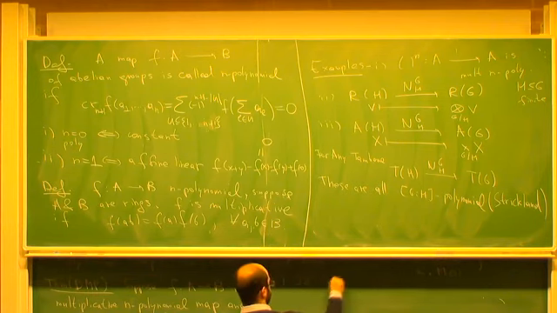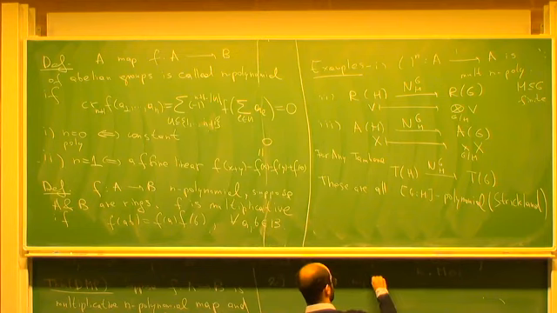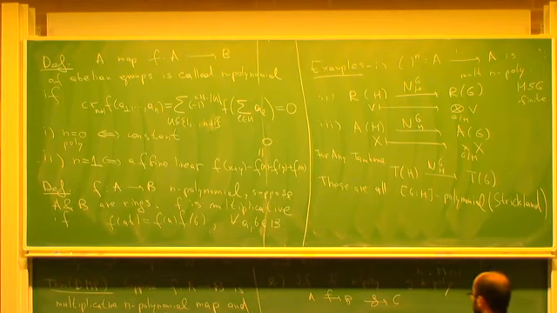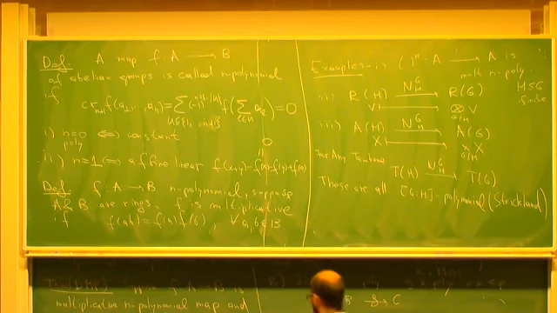And the second condition is that if f is n polynomial, let's draw this from A to B, f, and you take some other g which is k polynomial, and you know that the product nk is less than p, then this construction respects compositions.